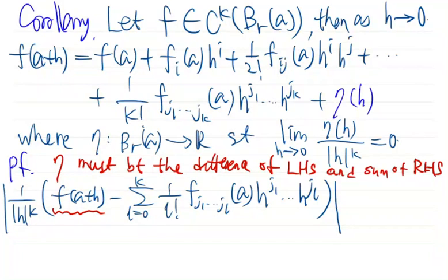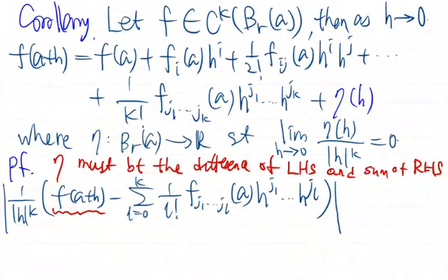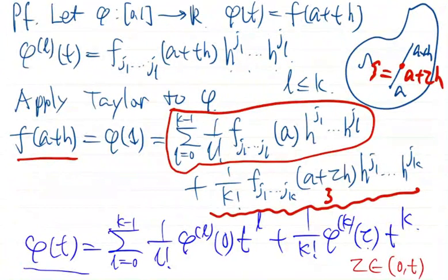So every term for l equal to 0 until l equal to k minus 1 cancels, except the l equal to k term. For a plus h, there is also a term for l equal to k. This term is the same as the l equal to k term here, except that here the higher order derivative is evaluated at a, while for f(a+h) it is evaluated at c, or a plus tau h.